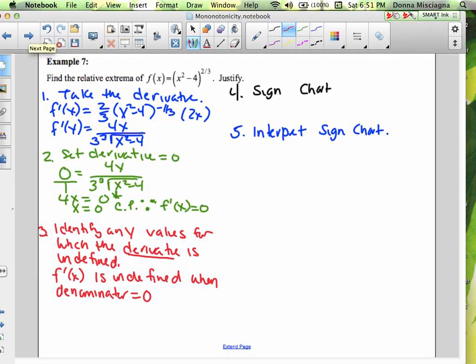So f prime of x is undefined at, so if we set 3 times the cube root of x squared minus 4 equals 0, and we factor that, so 3 times the cube root of x minus 2, x plus 2, all right, we set that equal to 0.